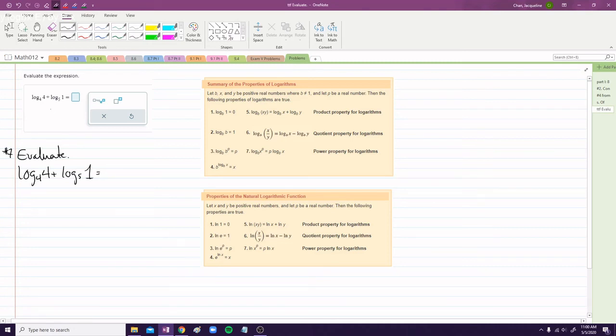So when you solve these logarithms, you have to tell me which property this is. So this would be 1 plus 0. And if you apply multiple properties, I want you to go from left to right.